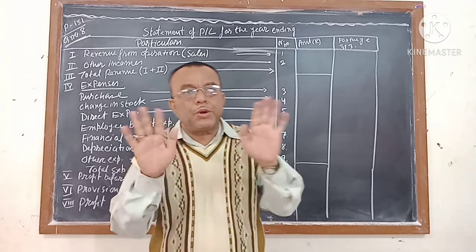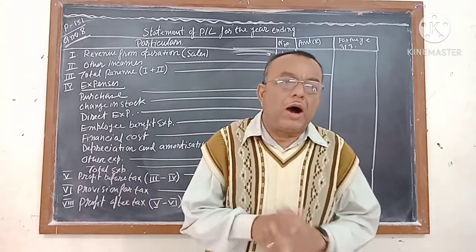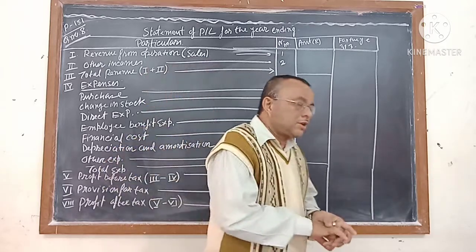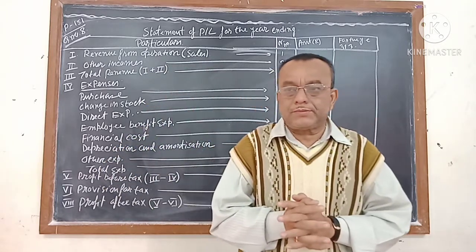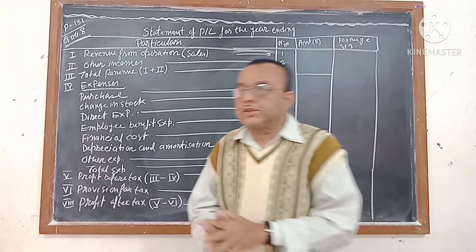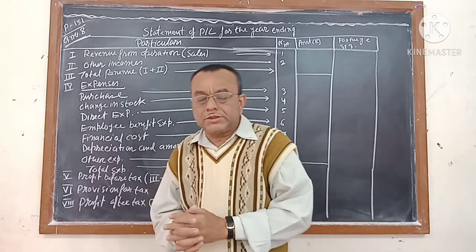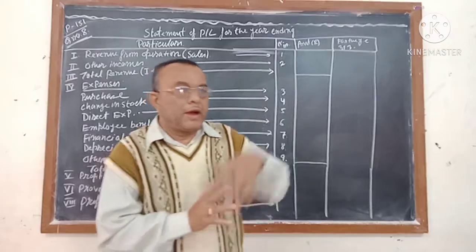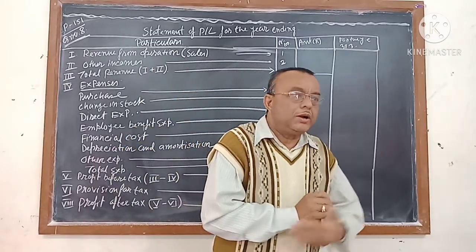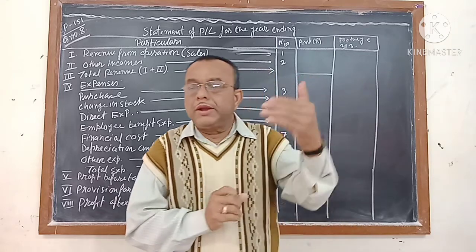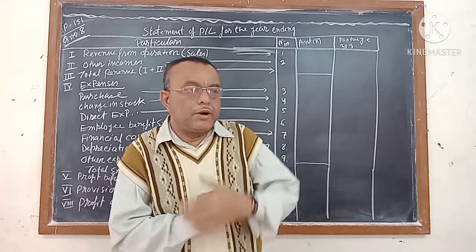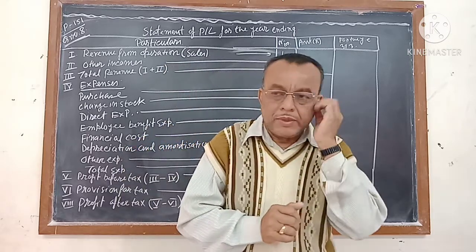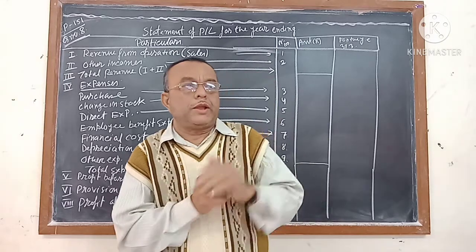Balance sheet means both sides. I told you several times, on page number 126 and 127, the liability side has a total of 9 items, which you have to remember one by one. Under the main heading, the subheadings that come: liability side 9 and asset side total 11, 9 plus 11, 20.